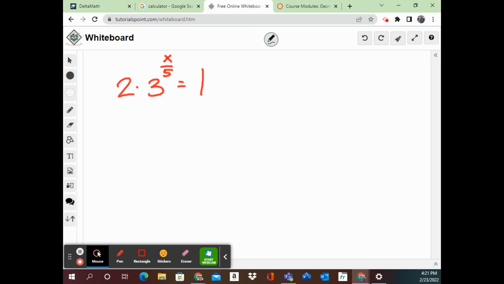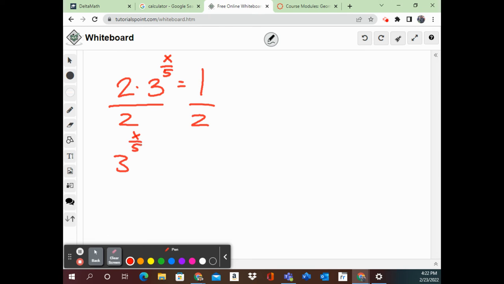When they show us 2 times 3 to a power, that means the base is that second number. So here our base is 3. We're not multiplying 2 times 3, right? Our base is 3. So what we want to do is divide by 2 on both sides, right? So we end up having 3 to the x over 5 equal to 1/2, right?